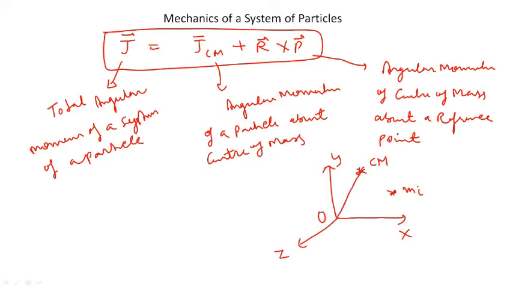The position vector of the center of mass from the reference point is, say, vector R, and the position vector of the m_i particle from the reference point is R_i. The position vector of the m_i particle from the center of mass, let us say, is R_iC.